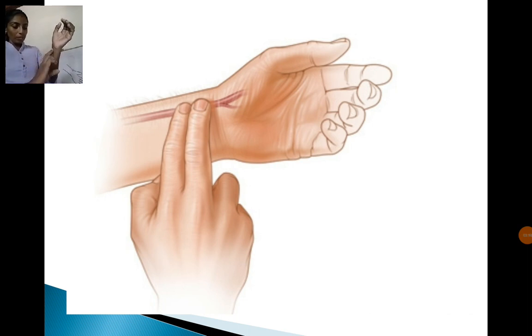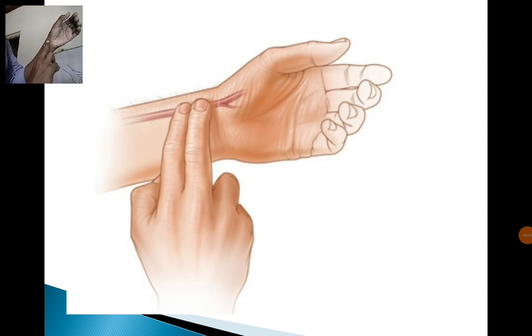Push slightly to feel the pulse. If you don't feel the pulse, try to locate the site where you can feel it. Move the fingers around the wrist area below the thumb, up and down.